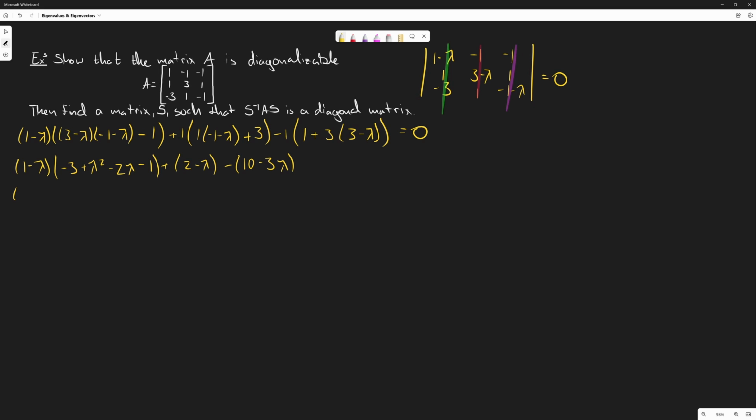So we're going to have 1 minus lambda times lambda squared minus 2 lambda minus 4, plus 2 minus lambda plus 3 lambda minus 10. This part here would just be equal to 2 lambda minus 8. And then here we cannot factor out anything.